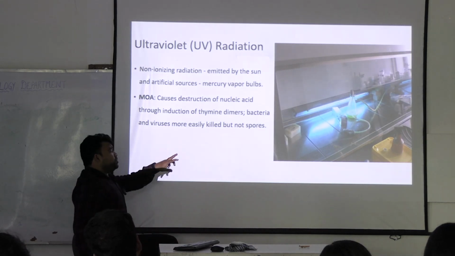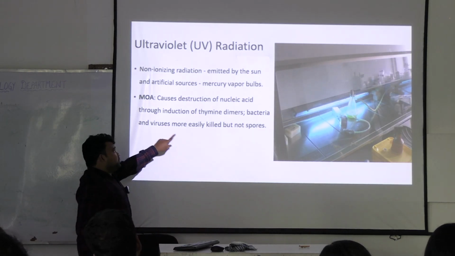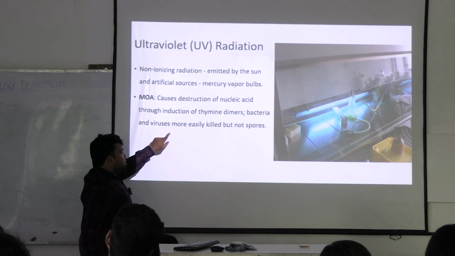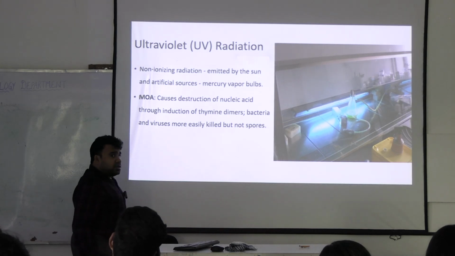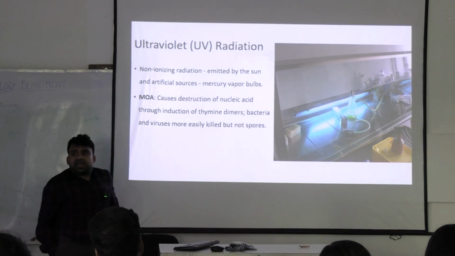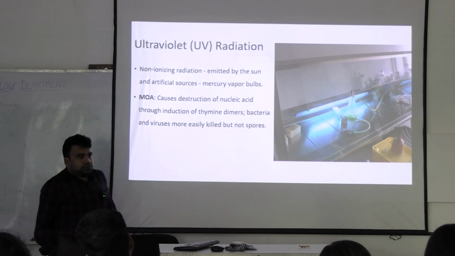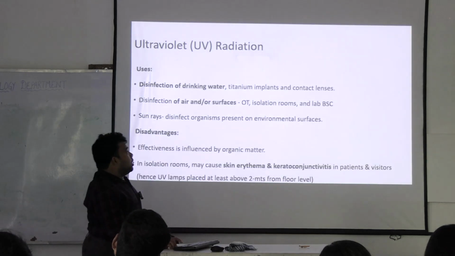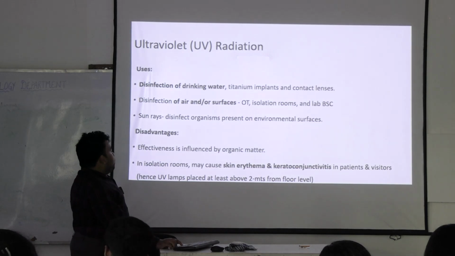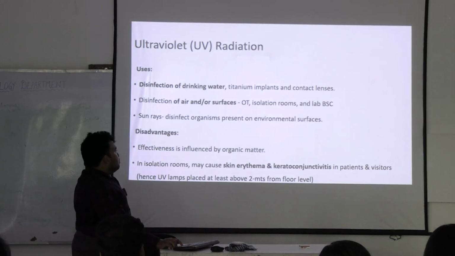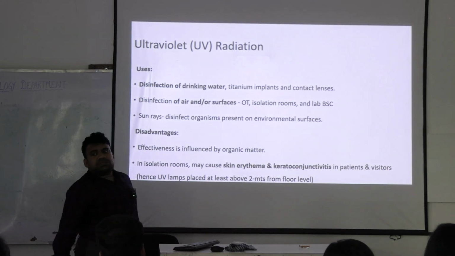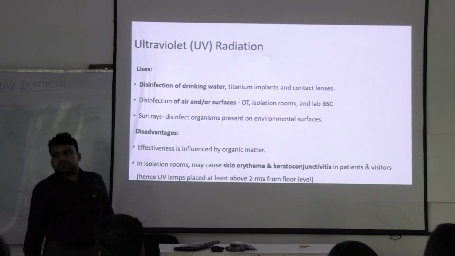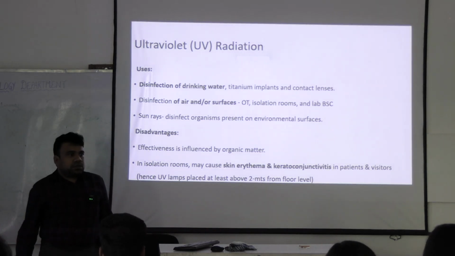UV radiation is very helpful, especially in case of bacteria and viruses, but is not effective against spores. The disadvantage of UV radiation is that it is itself harmful to the human body.